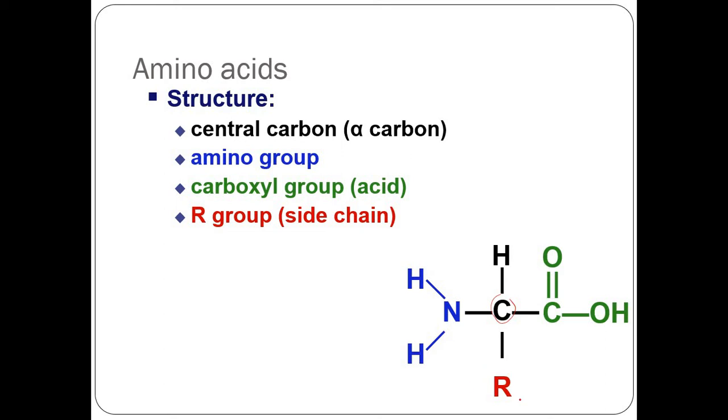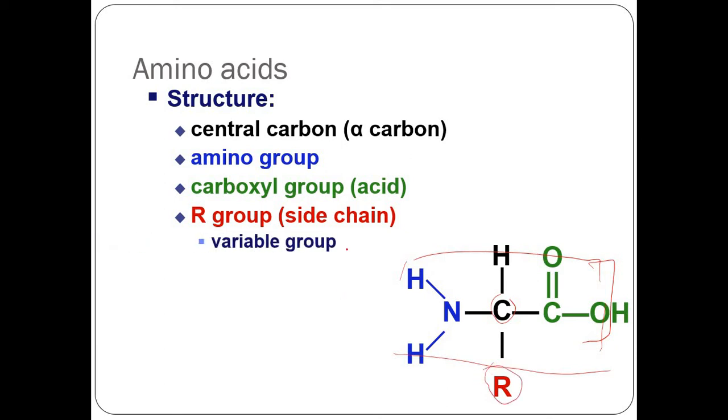The side chain is what differentiates each amino acid from each other. Remember that we have 20 amino acids. This part is maintained, but each amino acid will have a different group.